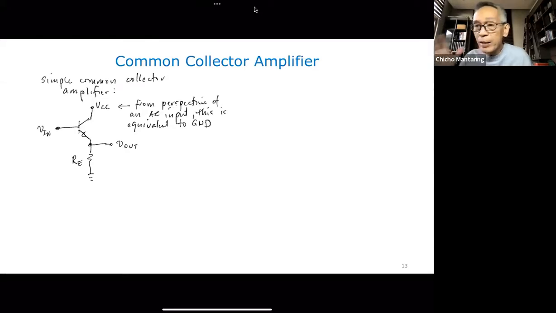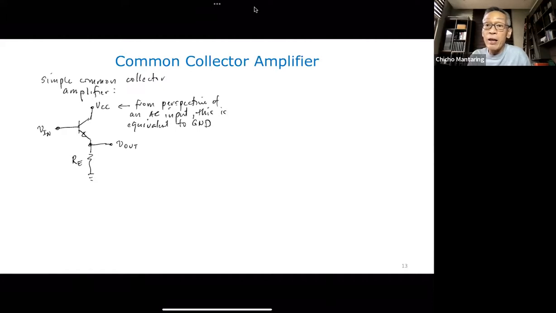But to explain initially, why is this equivalent to a ground? When we analyze amplifier circuits, we usually separate the DC component from the AC component. As I mentioned earlier, we use the principle of superposition. We take the DC component acting by itself, and that's what we use to establish the bias point. And then we take the AC component acting by itself.